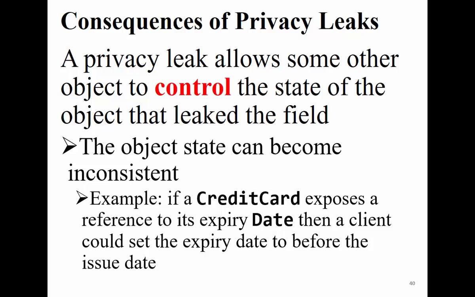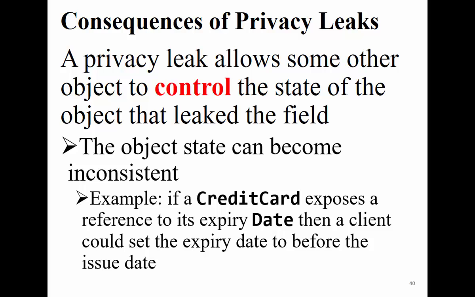So let's say a credit card and you have the expiry date, and the relation between the credit card and the expiry date is a composition relation. So no one should access the actual expiry date. If we expose the expiry date to the client, that means the client can change the expiry date, and in this case we might put the expiry date before the issue date, which makes it invalid.